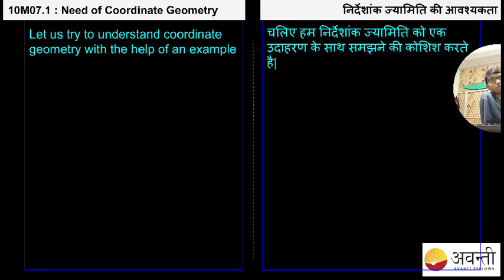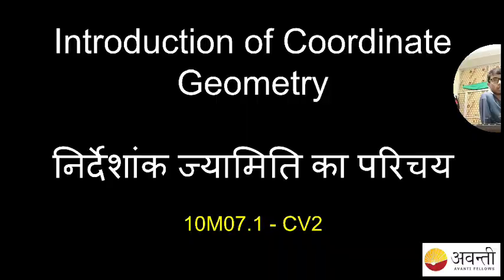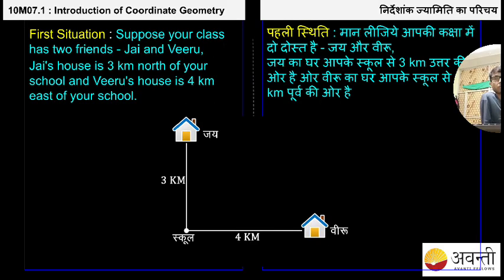Let us try to understand coordinate geometry. Introduction to coordinate geometry. We are starting with the introduction. First situation: we can find the location of anything just by using coordinate geometry.